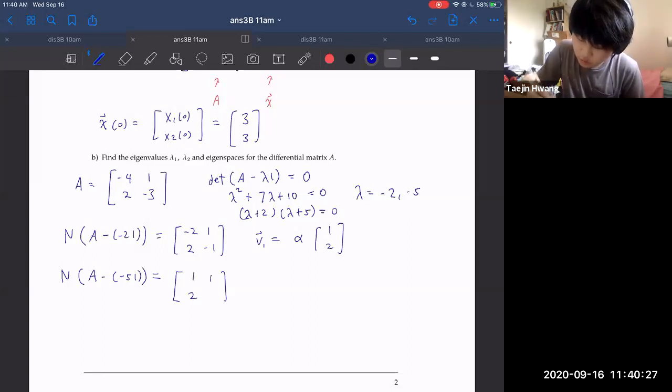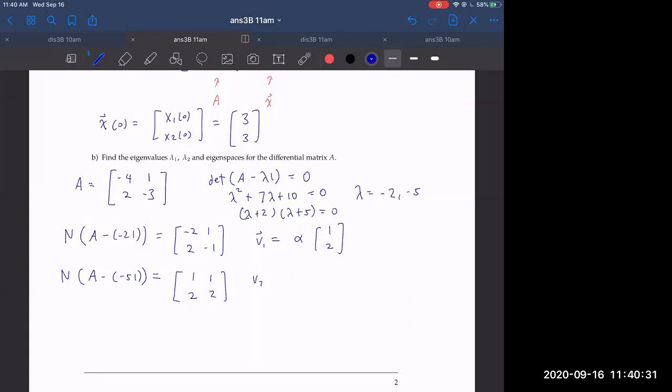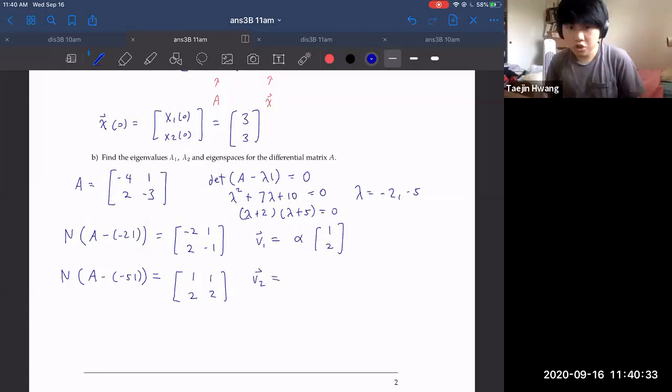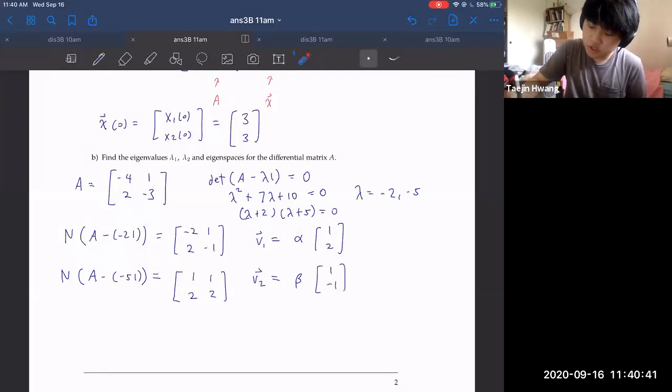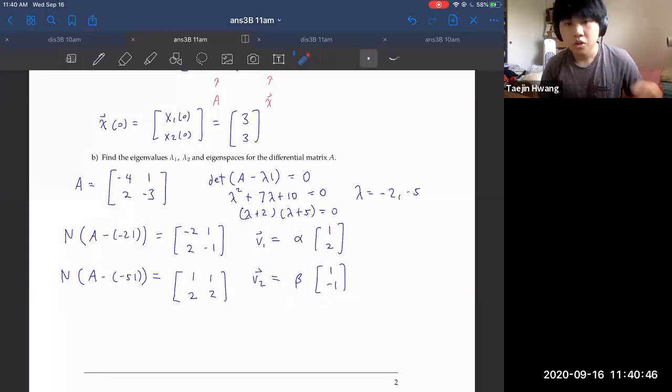If we add 5, that's a 1. If we add 3, yeah, that's 2. All right, yeah, looks good. This means our second eigenvector, so solving for the null space of A plus 5I, is going to be some constant beta times 1 and -1. In other words, our second eigenvector is going to be in the span of 1, -1.